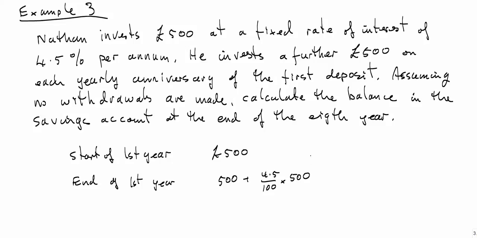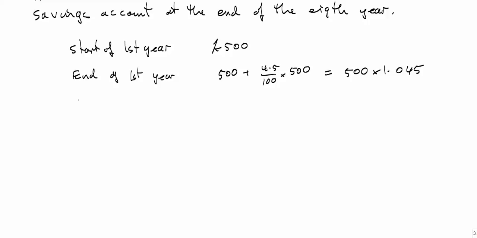That's 4.5%. Well, I could write that as, if I were to factorize it, 500 times 1 plus 0.045, or 1.045.